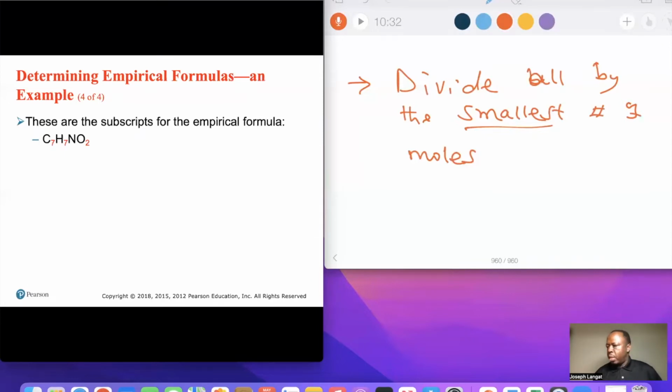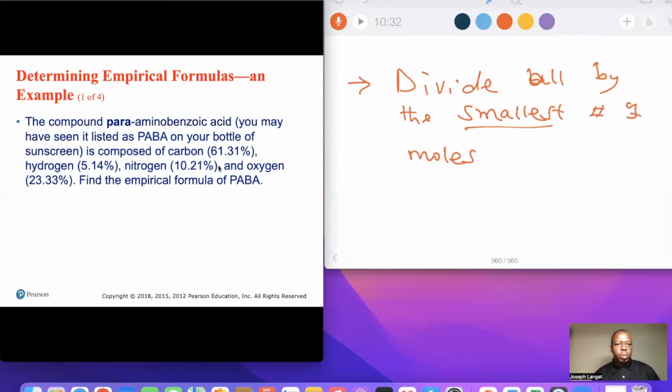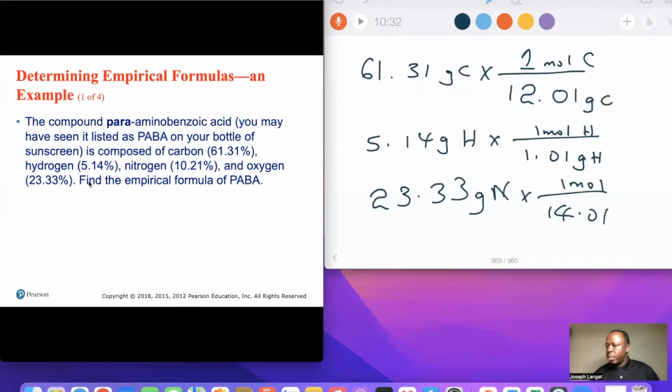These are the simplest whole number ratio for that compound. So remember, we had nitrogen in the compound, all right? We add nitrogen and oxygen. I forgot to put nitrogen or oxygen.